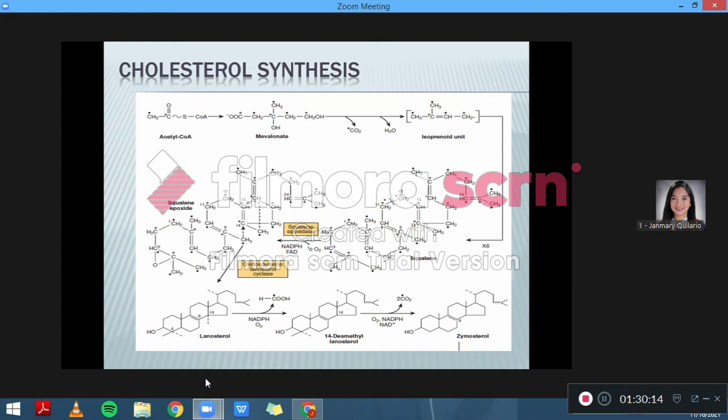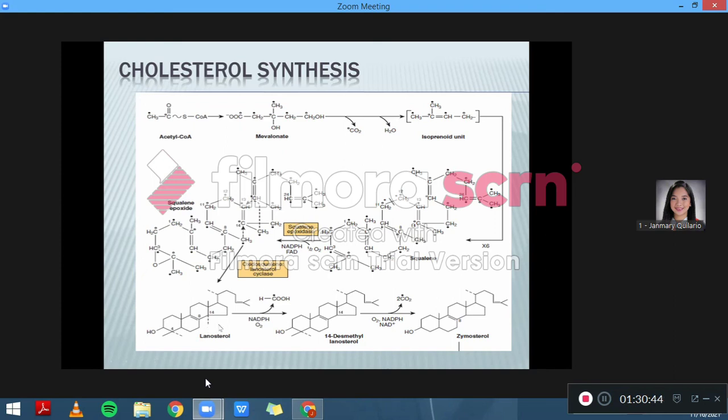Then step 5 would be the formation of cholesterol from lanosterol, which also takes place in the endoplasmic reticulum, and it involves changes of the steroid nucleus and the side chain. The methyl groups on C14 and C4 are removed to form 14-desmethyllanosterol and then zymosterol.